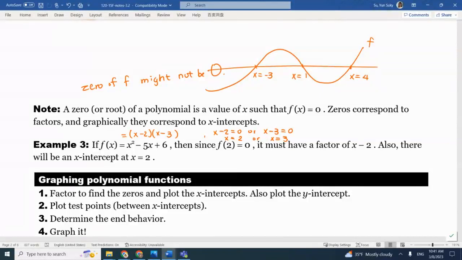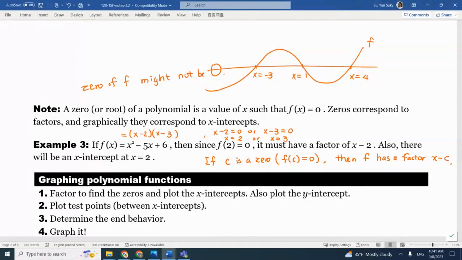So in general, if c is a zero, okay, that means f of c equals 0. Then f has a factor x minus c.